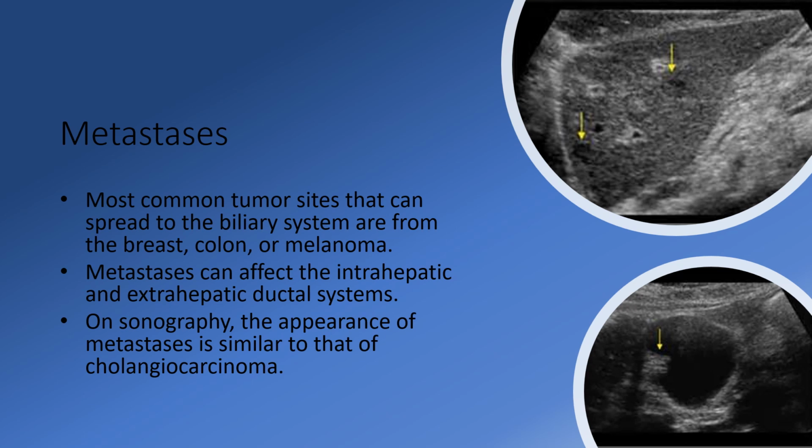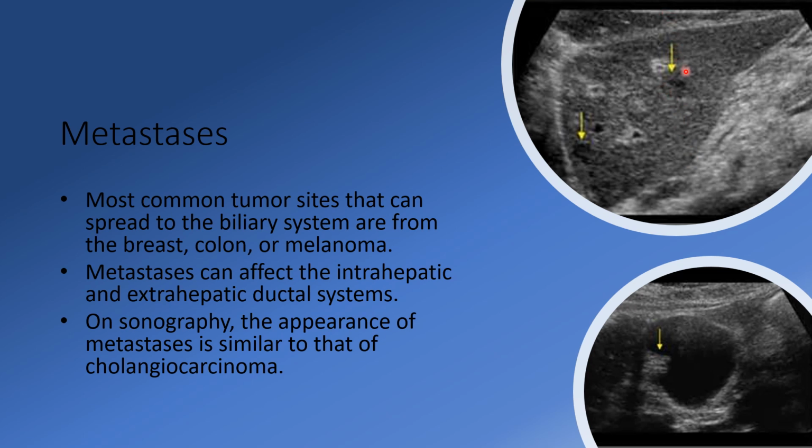So you may see a grossly enlarged cystic duct with solid papillary tumor in it, or you may see smaller dilations of the ducts where the ducts should be anechoic, but they have debris in them, which is what this first one up here is showing.